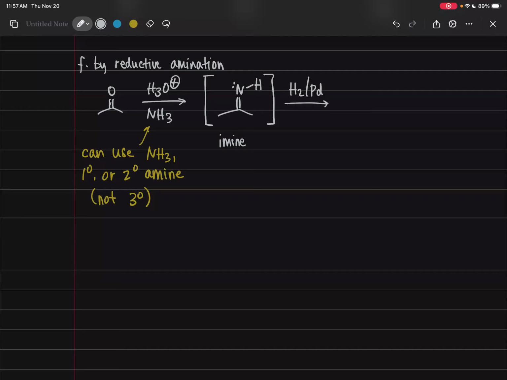And then with hydrogenation conditions, the imine is reduced to an amine.